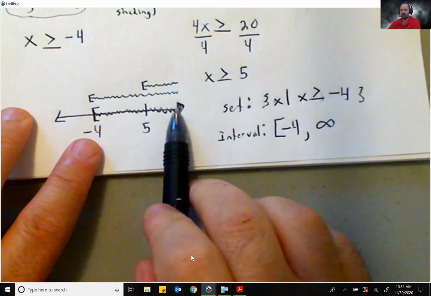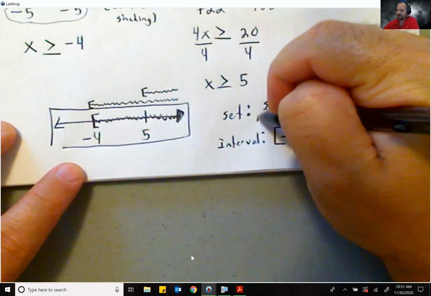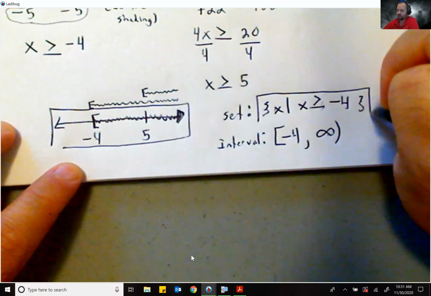When you fill in an arrow, that's an infinity, and this is the positive one. Bracket or parenthesis on infinities? Parenthesis. Infinities always get parentheses. Good job. So here is what the picture looks like. Here is the set answer, and here is the interval answer.